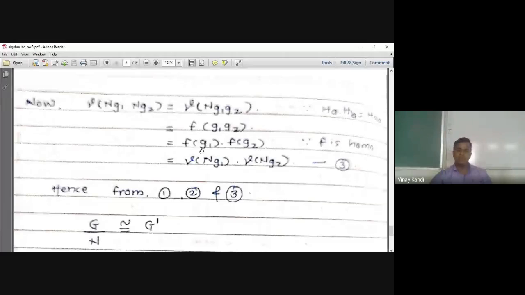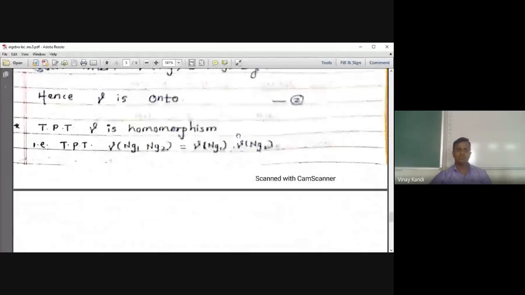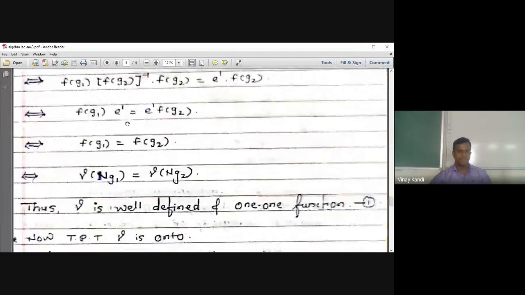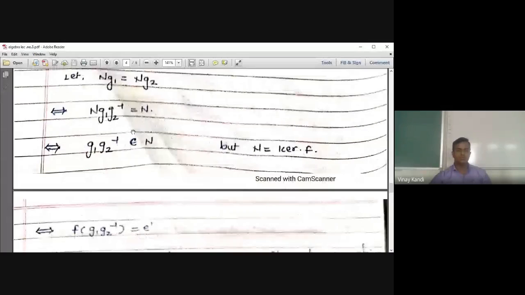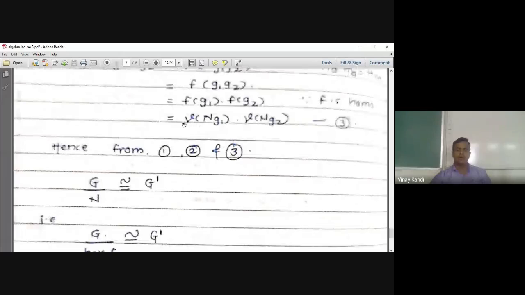But by the definition of gamma, in reverse, f of g1 is nothing but gamma of Ng1 and f of g2 is nothing but gamma of Ng2. Hence, this is equal to gamma of Ng1 into gamma of Ng2.